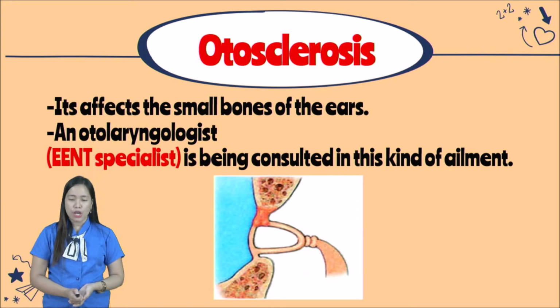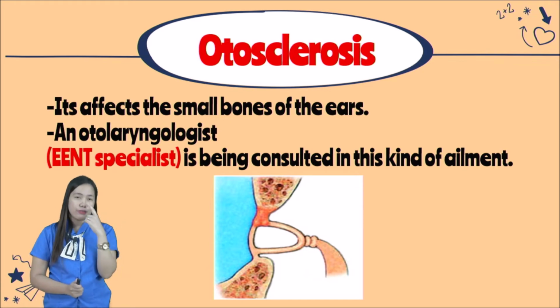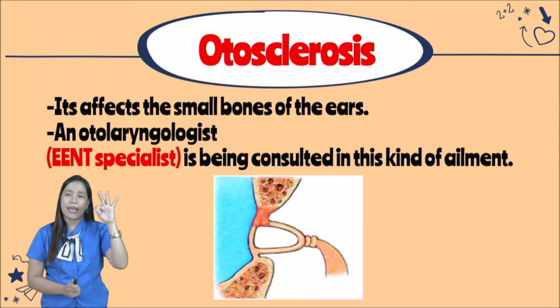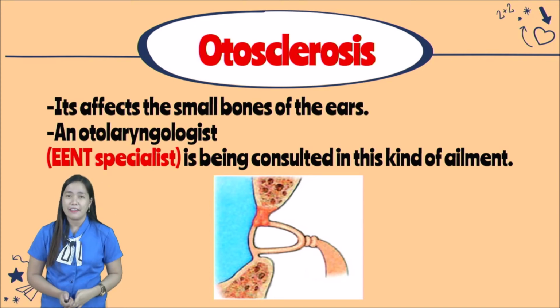An otolaryngologist is a doctor who specializes in diseases of the eyes, ears, nose, and throat. That's why it's EENT. E for eyes, E for ears, N for nose, and T for throat. Okay, don't forget. EENT. Okay?